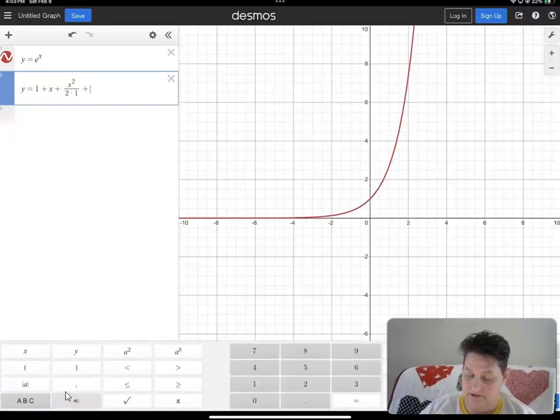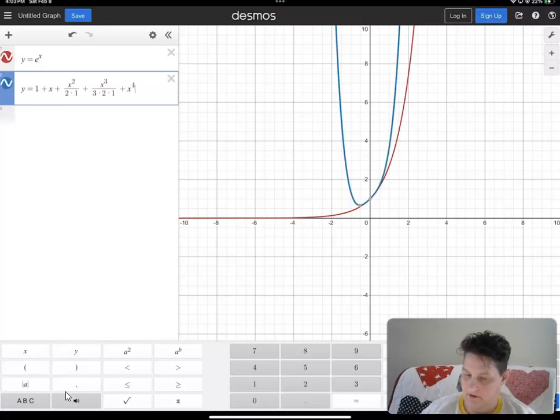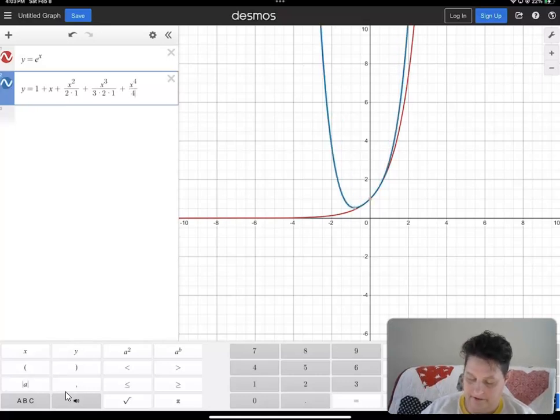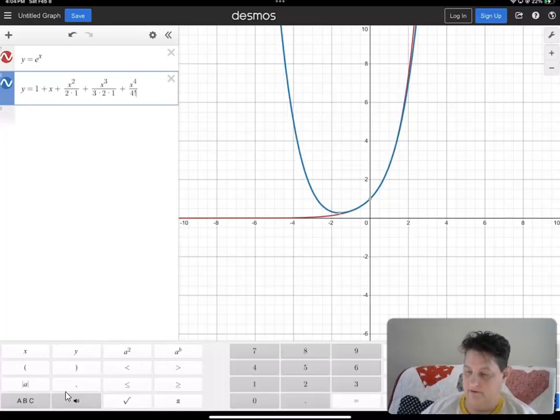Let's add on my next term. x to the third over 3 factorial. Okay? This is starting to look like the same graph. And let's go out and go x to the fourth over 4 factorial. There's a factorial on here, I just haven't been going to it. It's over on the keyboard, over 4 factorial.